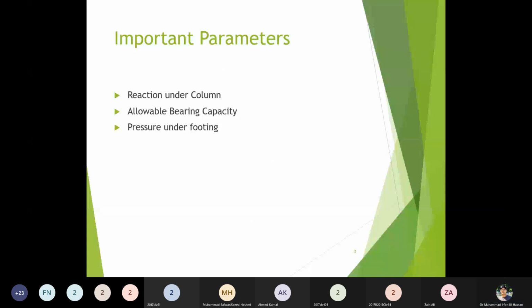The allowable bearing capacity is computed from the geotechnical report. Based on that, you can compute the area of the footing required, and from that area you determine the size of the foundations. From the size of the foundations, you have the applied factored loading, and dividing by the area of the footing, you can determine the pressure under the foundation.